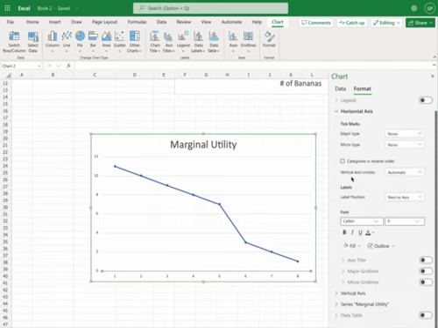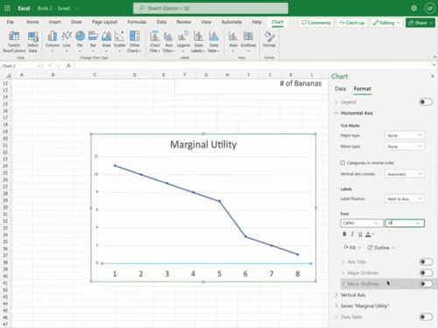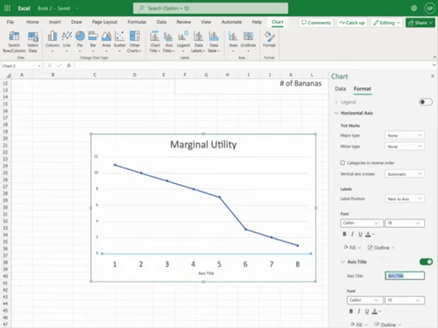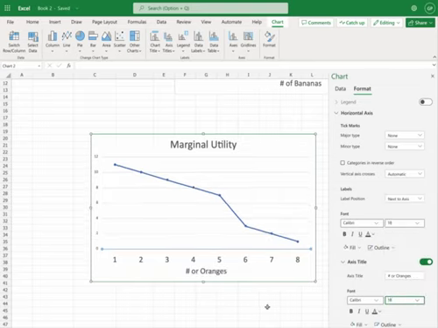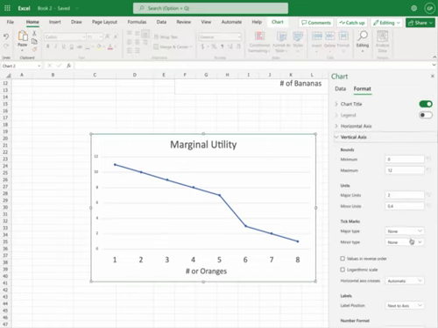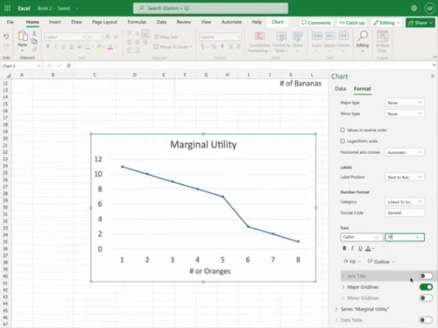Let me go in here. The horizontal axis, 18 points. Let's say I want the axis title. That axis title is, again, number of oranges. And I will make that 18 as well. Vertical axis, again, 18.